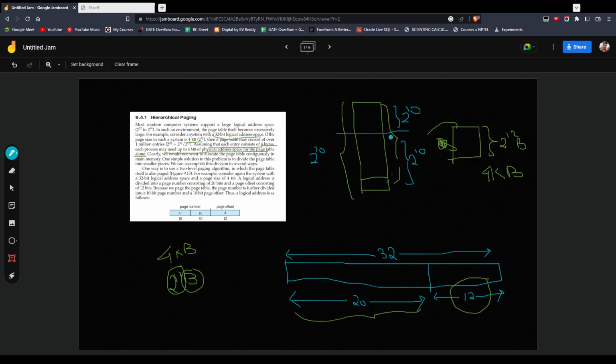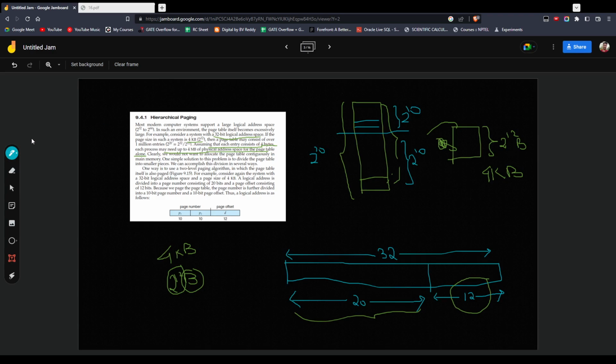You cannot assume any address split on your own. Having been given this address split, we can see the separation of the address spaces, and we just need to keep either of them, because we just need one entry from this one or from this one. So either of them can be kept in the main memory.